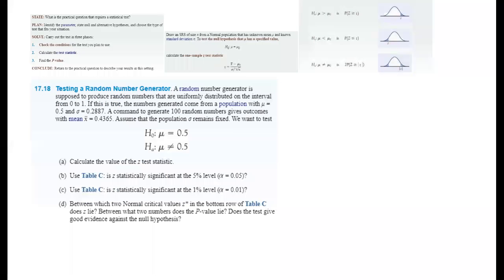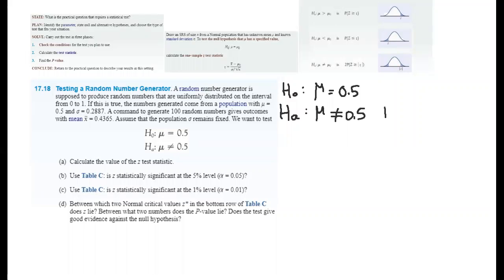Let's take a look at example 18 in chapter 17. For this example, we are told that H naught, the null hypothesis, is that mu equals 0.5, and that the alternative hypothesis is that mu is not equal to 0.5.